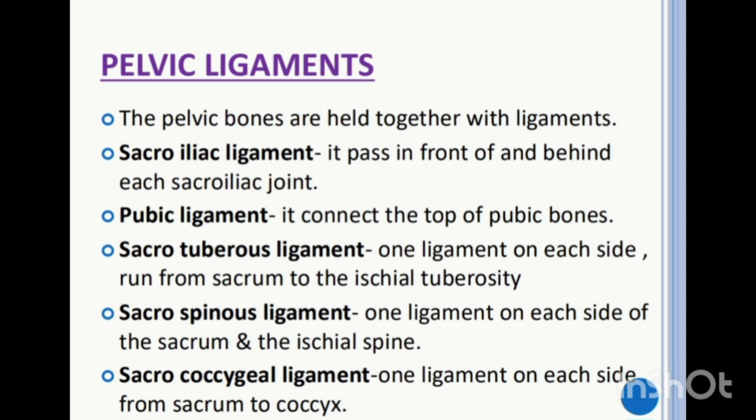Pelvic ligaments are connective tissue which helps hold the 2 bones together. Here are the sacroiliac ligament, which ties the sacroiliac joint, and the pubic ligament, which is present at the top of the pubic bones, and the sacrotuberous ligament, which connects the sacrum and the ischial tuberosity on each side, and the sacrospinous ligament, which also connects the sacrum and the ischial spine, and the sacrococcygeal ligament, which connects the sacrum to the coccyx.